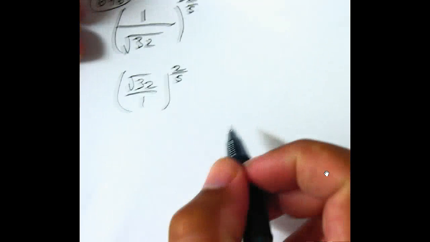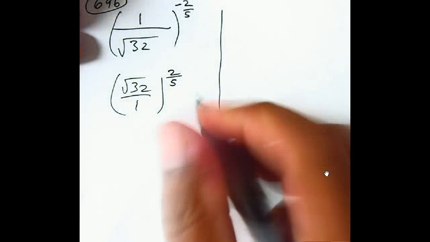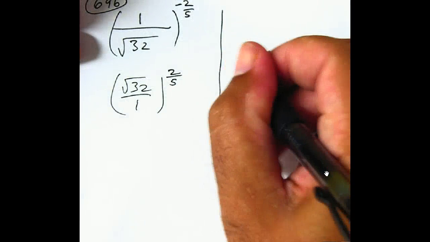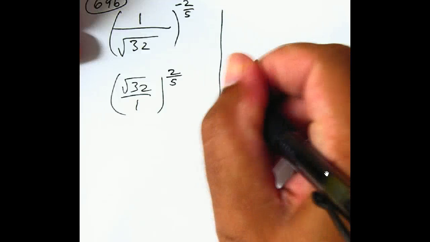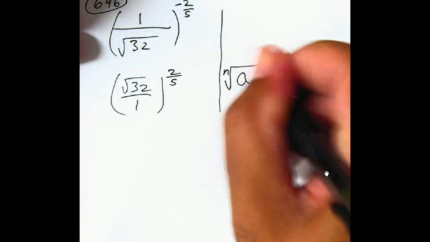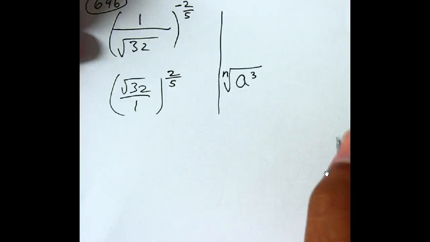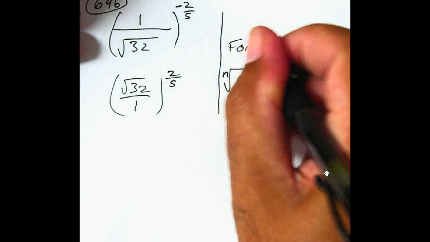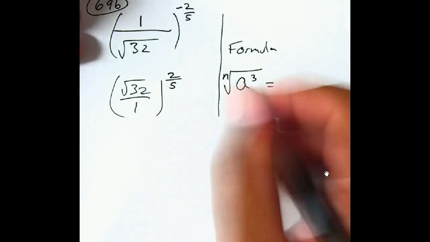Okay, now, it's a little bit strange to have a radical and also have a fraction as an exponent. Now, in class, we talked about that there's a relationship between radicals and fractional exponents.